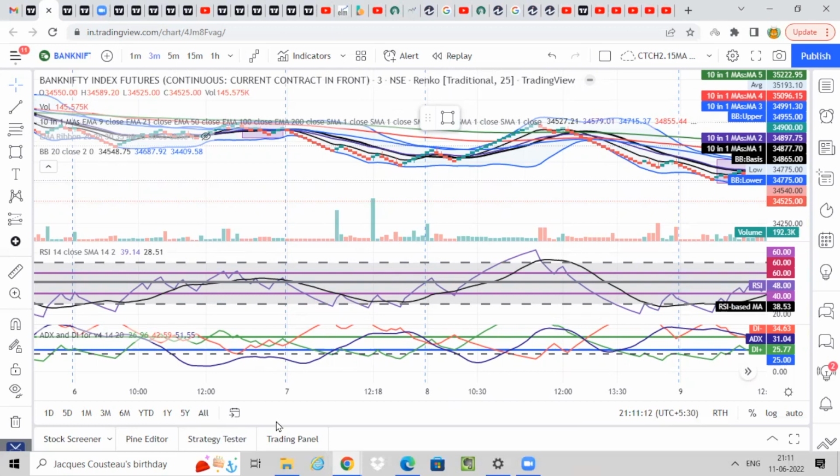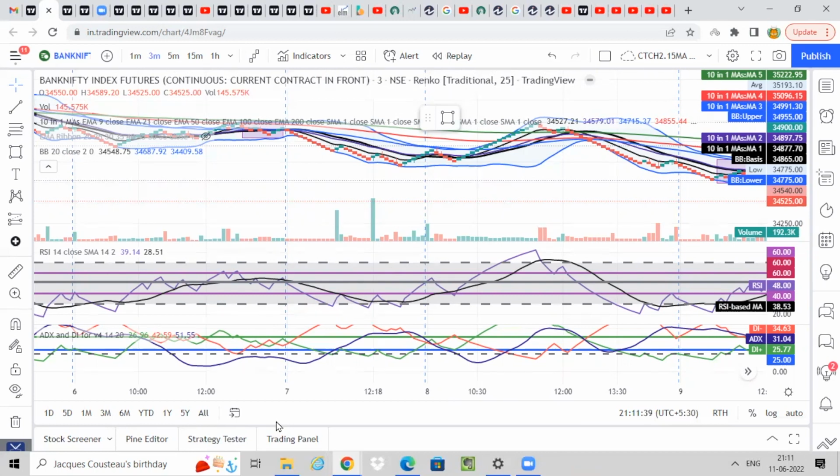The thing is, when RSI is between 40 and 60, that is again a no trade zone because there's no momentum. RSI is at this level, neither buy nor sell. That's the standard information. ADX also, you look at it: if it is below 25, there's no trend.